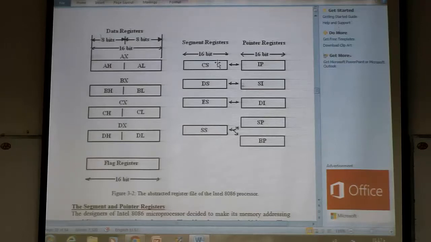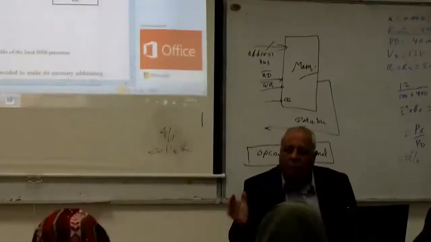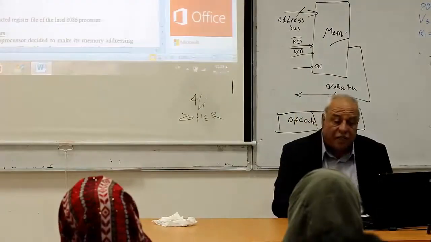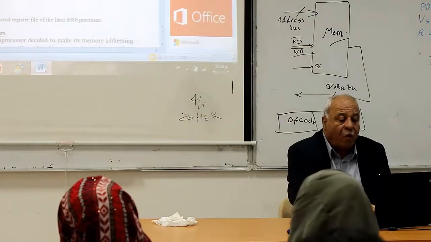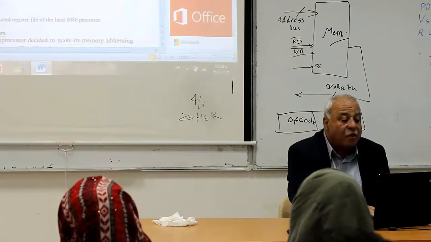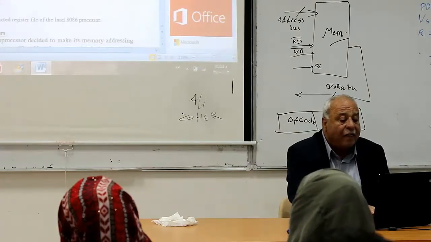The data segment is where we store the data, the source data. We always have source data and destination data, like in strings and arrays. If you like to copy a string from one place to another, you are copying from the source data segment to the destination. So the source of the data will be the data segment, and the extra segment is the destination.